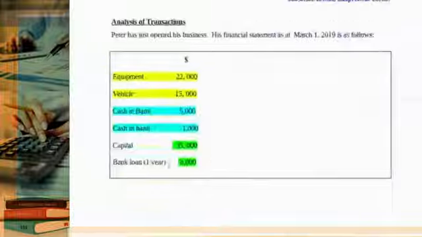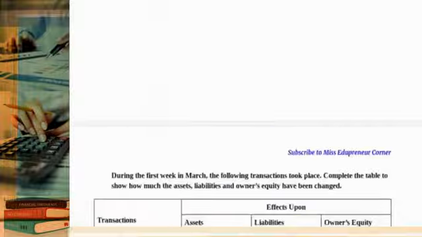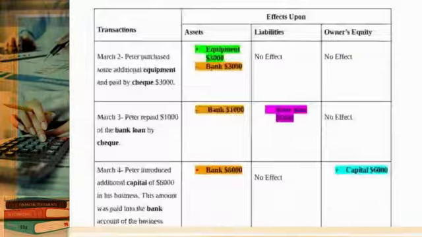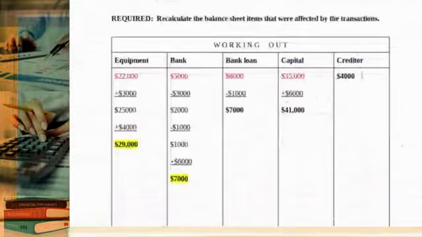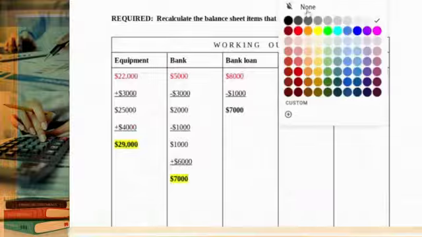So no, the only liability we had there was the bank loan, which is repayable in 1 year. So this is a long-term or a non-current liability. But in the effects table, we would have come across a current liability, and that is creditor. So we're going to pick up this creditor figure right here, and we're going to put it in our new balance sheet.